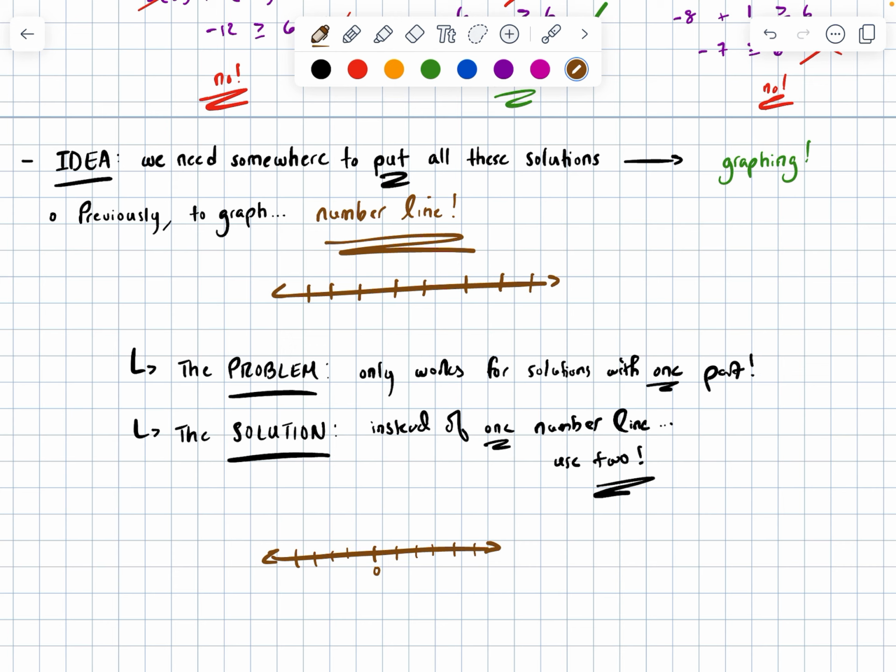And then maybe in a kind of weird choice, but in a choice that you've almost definitely seen before. My second number line, I'm not going to put it off to the side to talk about the other values. Instead, I'm going to take it and intersect it with my existing number line, going vertically. So I'm going to take my values of x here and my values of y, put them on two number lines that are going to cross each other.